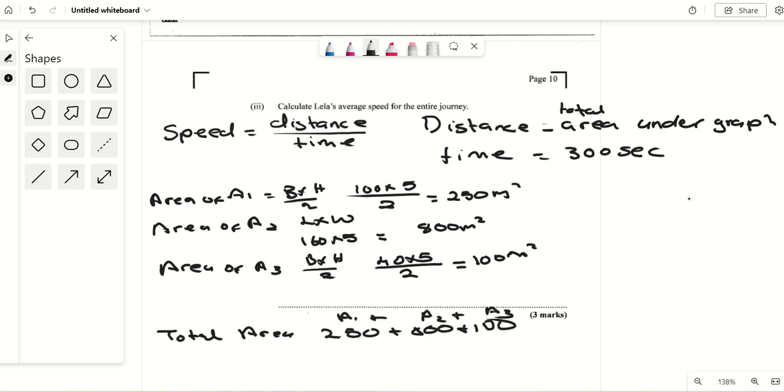When you add them all up, you're going to get 1,150 meters squared. 150, not 5. So we now know that distance, remember, distance and area under the graph is the same thing. Your distance is 1,150.